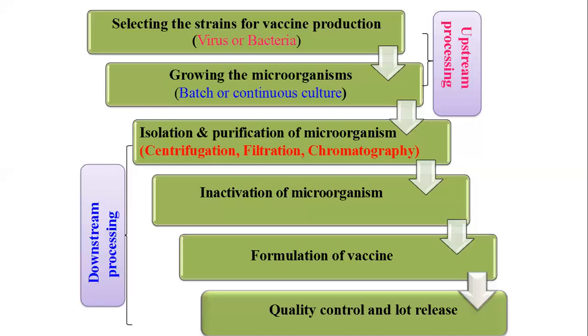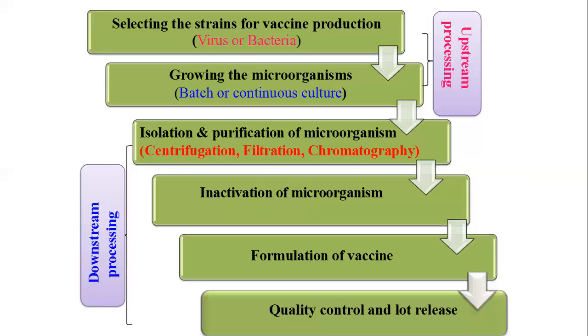If it is a bacteria, then we can culture it in either semi-synthetic or synthetic culture medium. If it is a virus, then we cannot culture it in synthetic or semi-synthetic medium because virus culture needs a host cell.